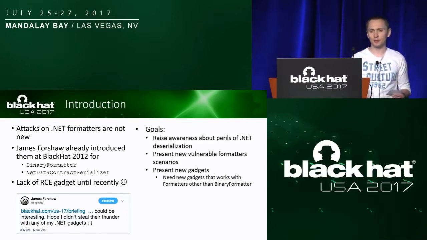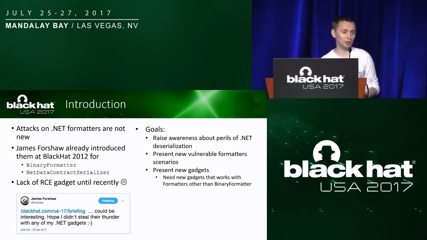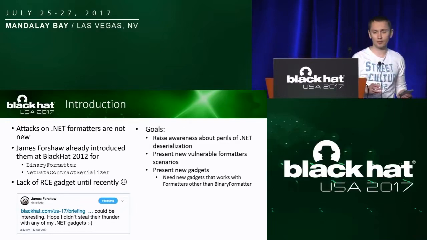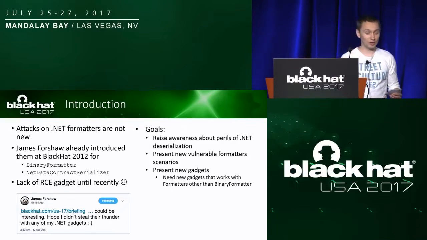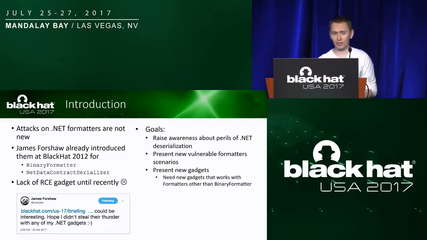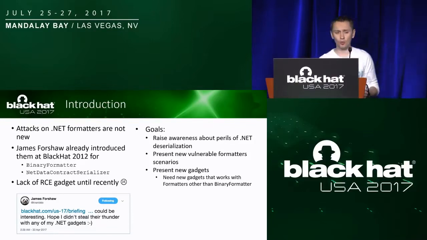So we spent some time searching for such a gadget and have found one that can be used in BinaryFormatter or some other .NET formatters. But after our work was ready and the talk was accepted by Black Hat, the same James Forshaw published a couple of remote code execution gadgets for BinaryFormatter as part of his own research, by the way not connected with JSON or our talks.